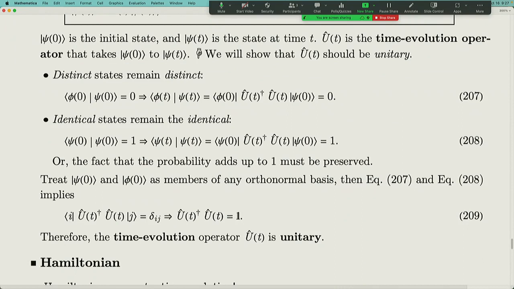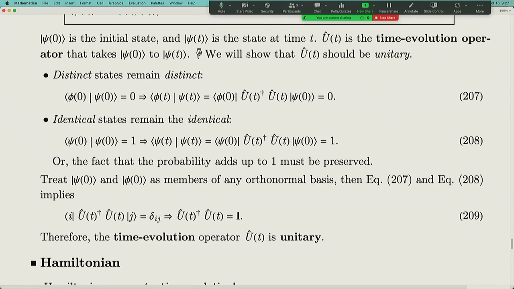So now, because this is a very general principle of this U dagger or U of t, the time evolution operator, instead of treating phi and theta as some arbitrary states, you can actually think of them as members of any orthonormal basis. Because if you start from an orthonormal basis, all the different states are distinct, right?